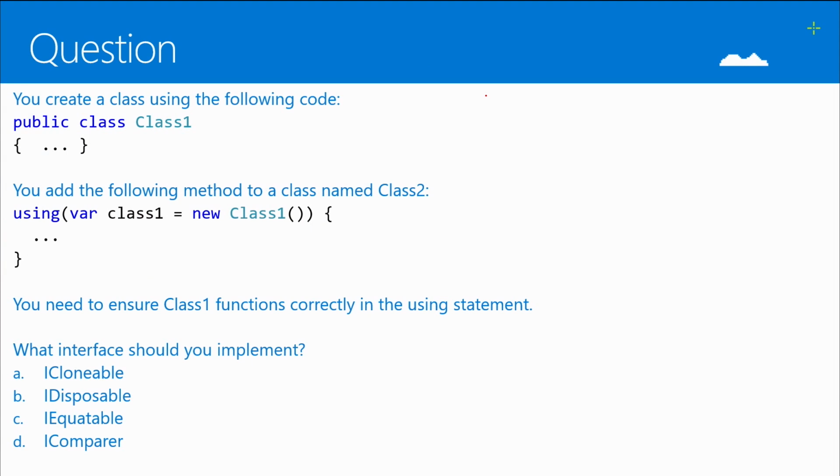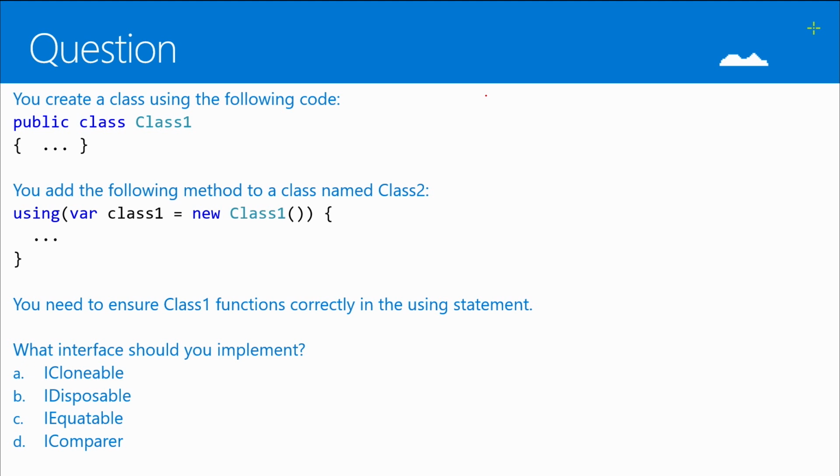All right, another question. You create a class using the following code. You add the following method to a class named Class2. So var class1 equals new Class1. You need to ensure that Class1 functions correctly in the using statement.